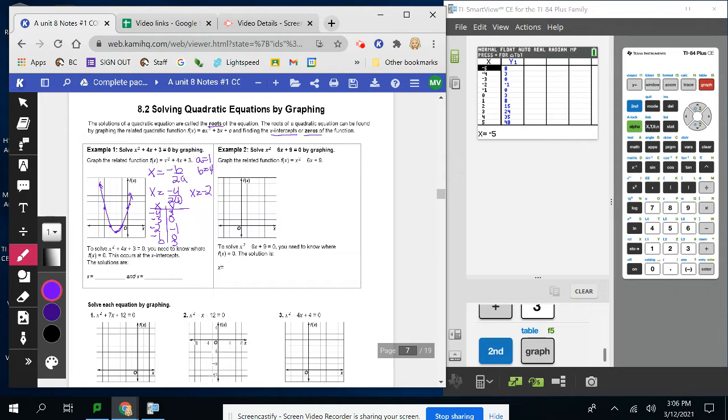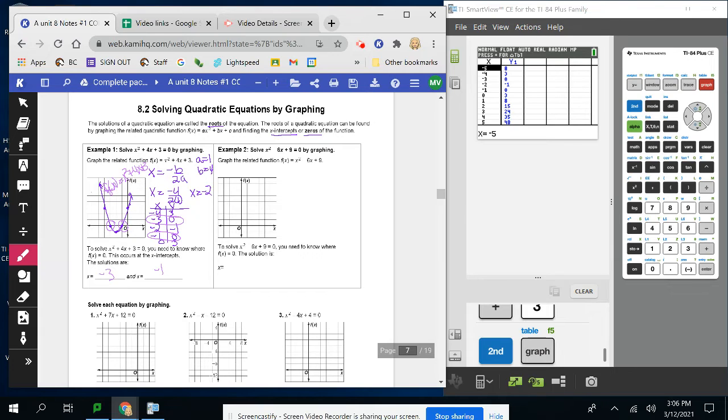The solution is where f of x equals 0. So our solution to this parabola is x equals negative 3 and x equals negative 1, because that's where it crosses the x-axis. In our table, it's where y equals 0. I should always label my parabola with the function f of x equals x squared plus 4x plus 3.